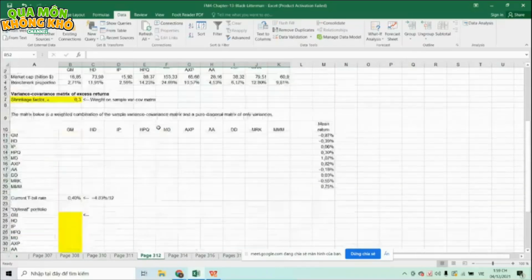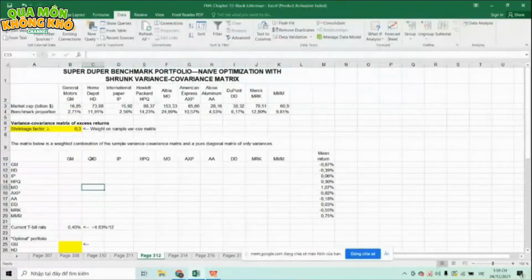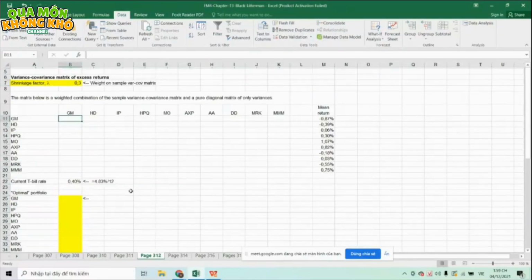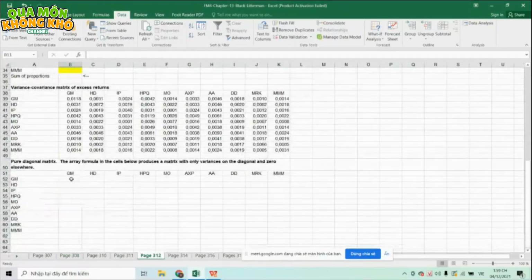So how to fix that problem? So from the previous chapter, you have heard about the shrinkage model. So in this chapter, we will use it again to help us eliminate the problem that I have just mentioned. So how to calculate that?